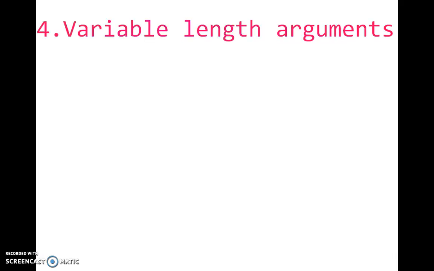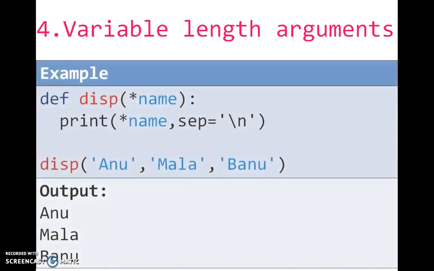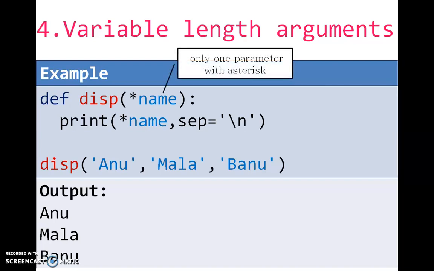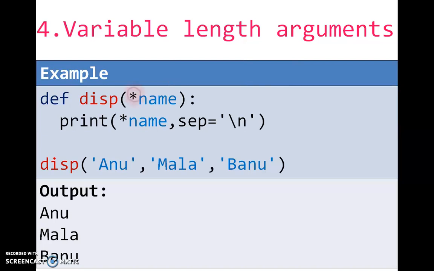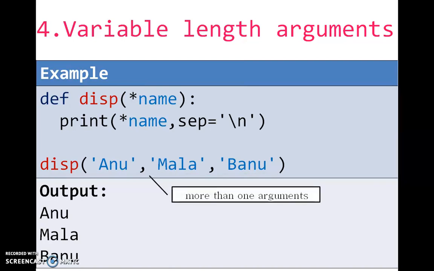Variable length arguments. def disp(*name): so name is only one parameter with an asterisk. Note the asterisk. Now in the function call disp('anu', 'mala', 'banu'), there are more than one arguments.